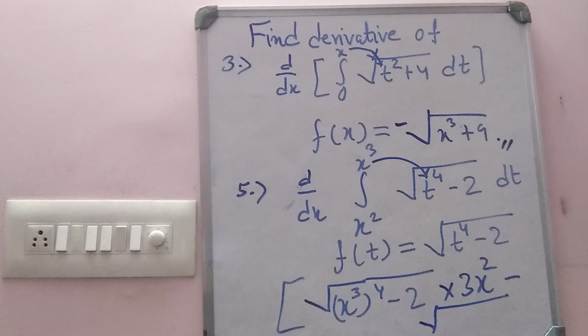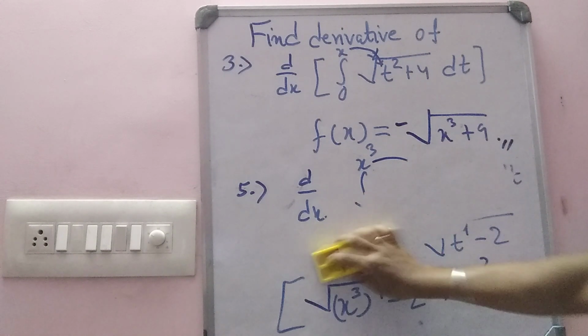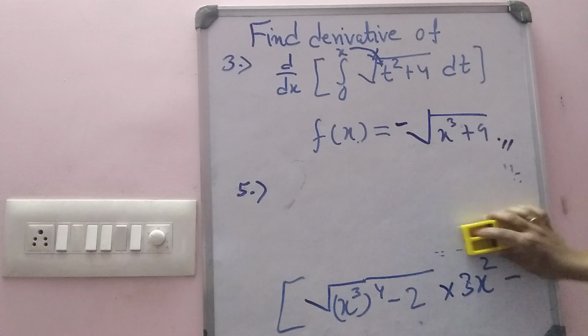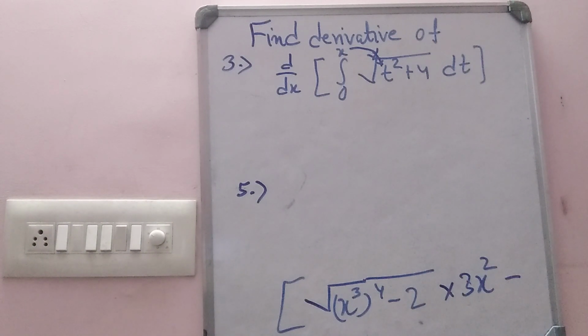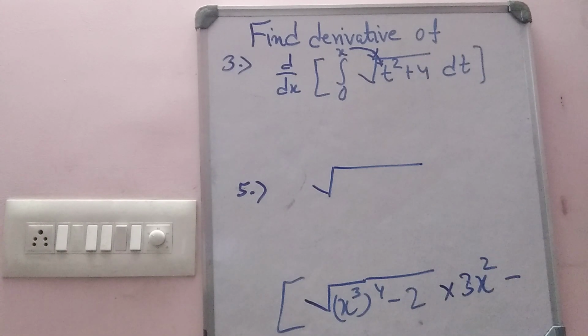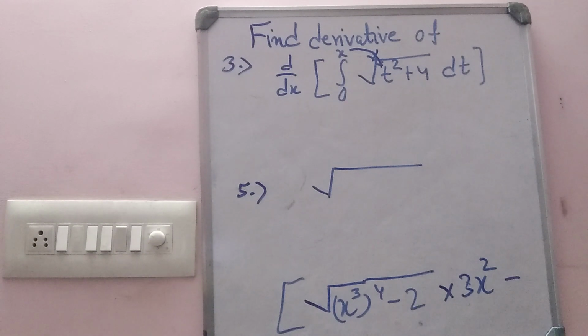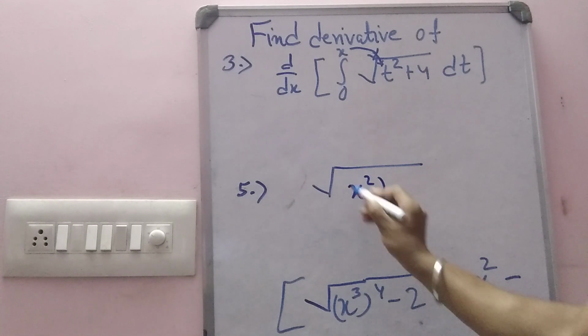So take square root of t, here your lower limit was x square.